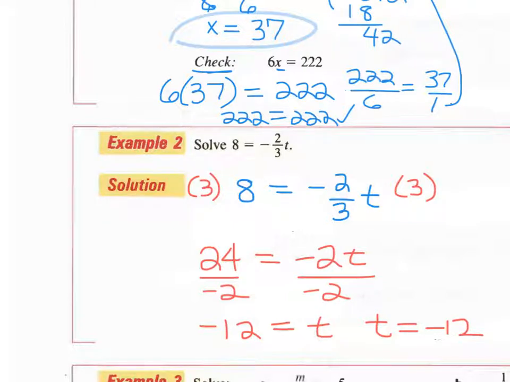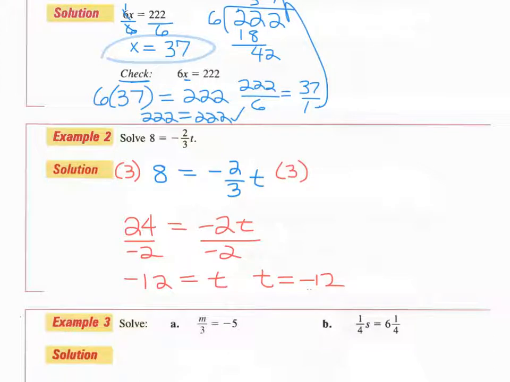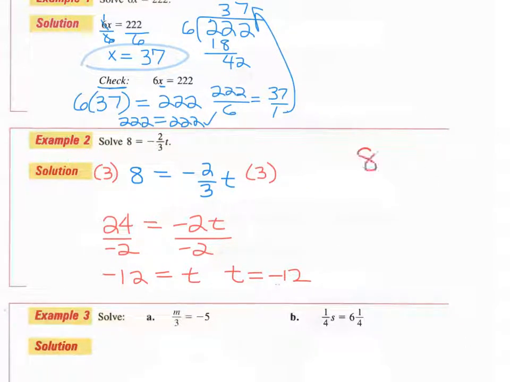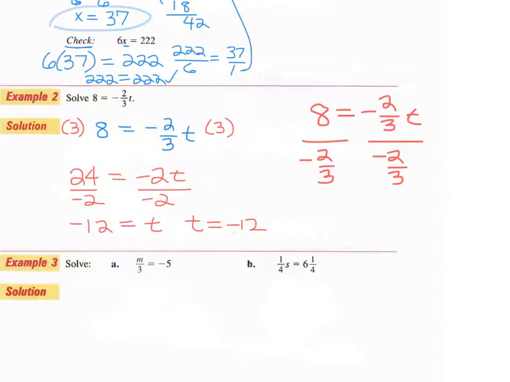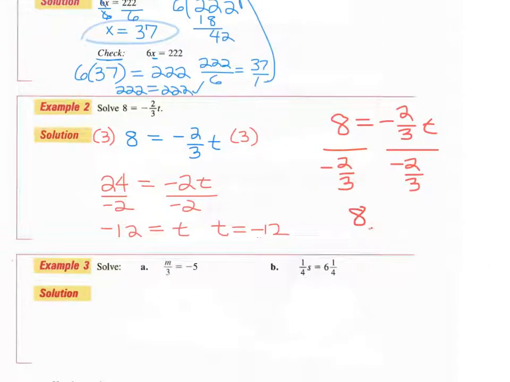Now, I'll show you the other way. If you're more comfortable doing it that way, I'm going to rewrite the problem. And instead, if you want to show that you're dividing by negative 2/3, then you have to remember that you're doing 8 over 1 divided by negative 2/3, keep change flip, and flip this to the reciprocal, and now multiply those fractions.